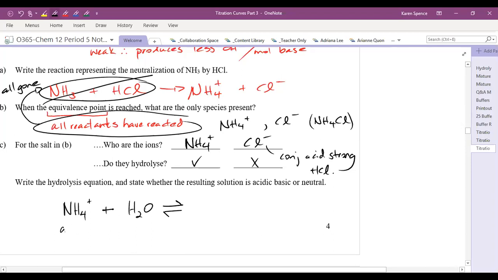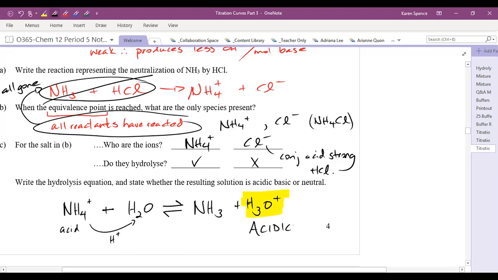Okay, NH4 plus is an acid, so it will donate its proton to water. And we will end up with NH3 plus H3O plus. Is our resulting solution acidic, basic, or neutral? Absolutely, yes. We have made H3O plus, and therefore the solution is acidic.